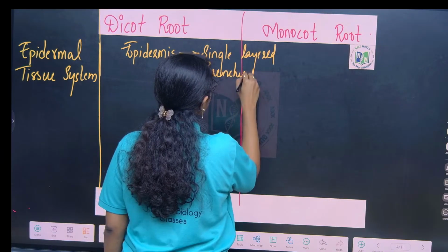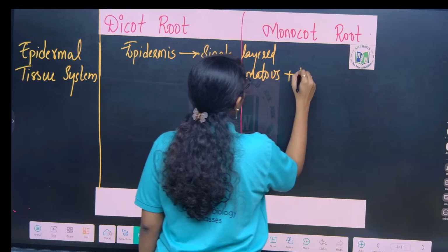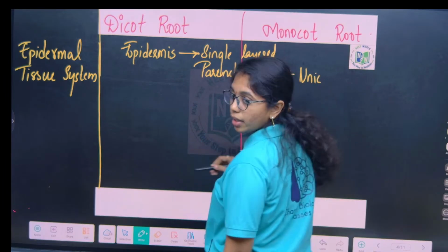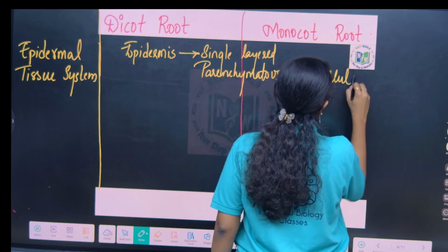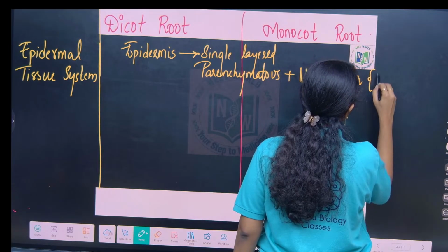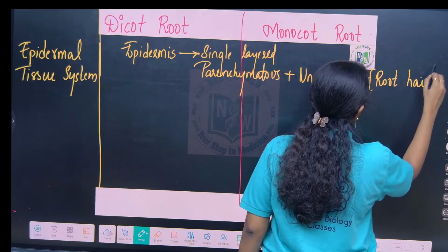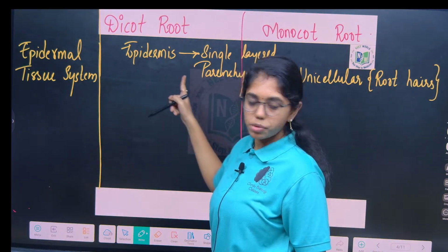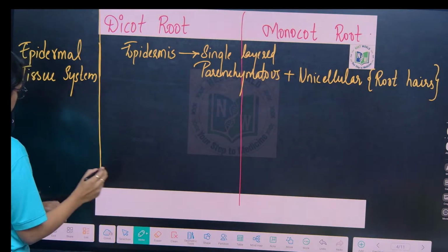And unicellular hair-like projections, what are they? Are you writing or not, everyone? Unicellular hair-like projections, root hairs. This is the epidermal description, the epidermal tissue system of root.